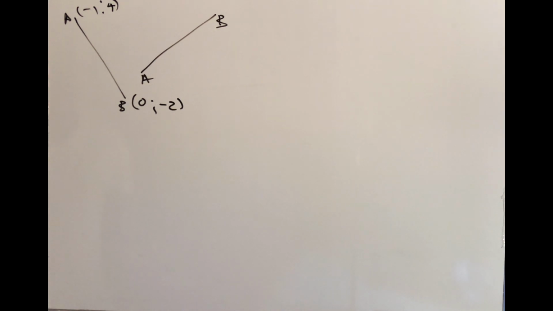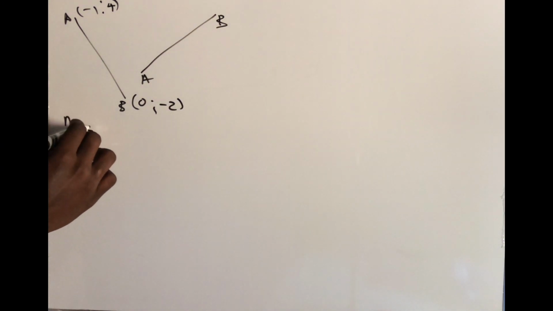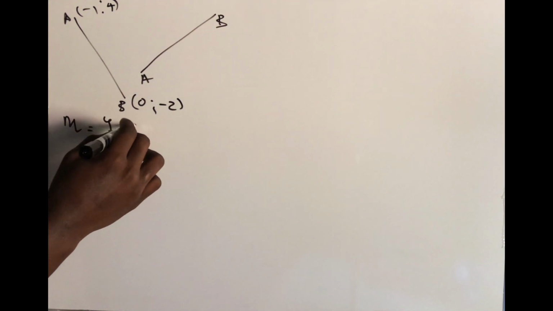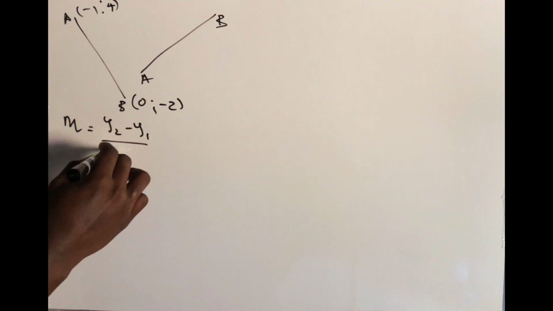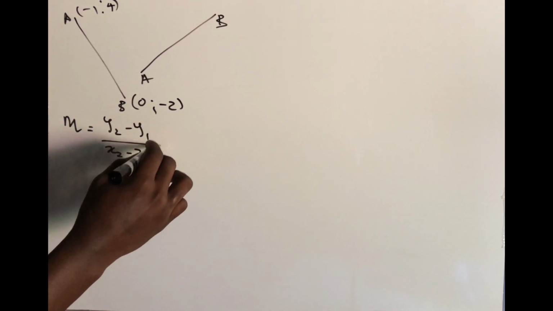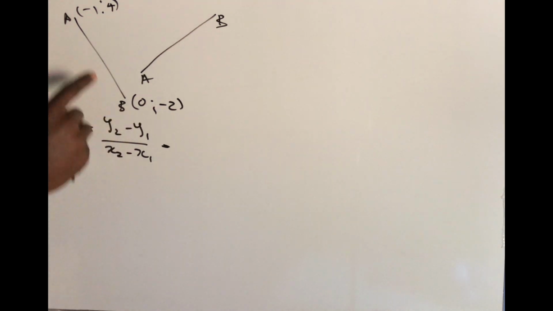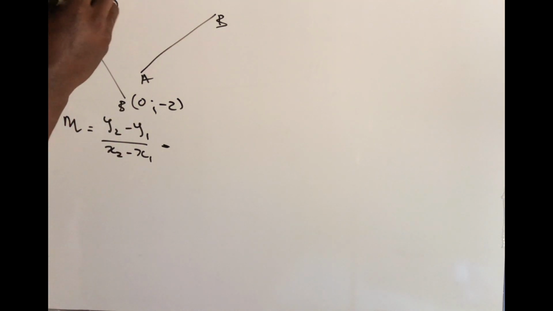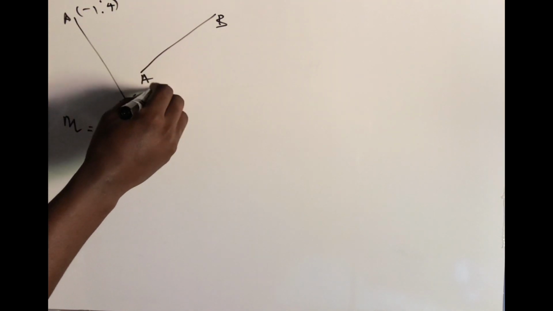You are asked to calculate the gradient of this line. You will use the formula m equals y2 minus y1 over x2 minus x1. So you can choose this to be your first point, and then this to be your second point.